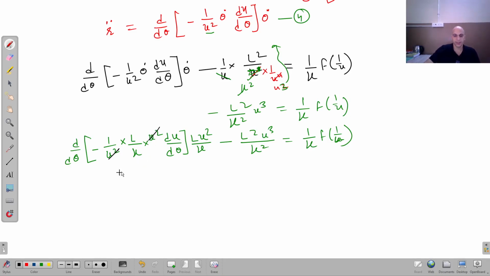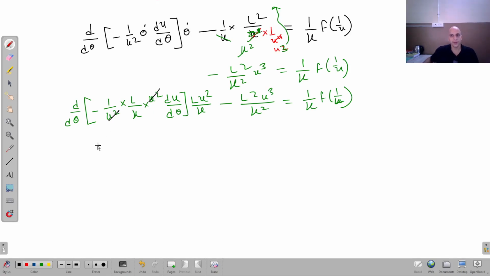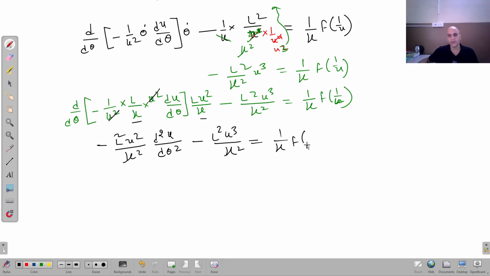You got minus L u square, and it becomes L square divided by mu square into d square u upon d theta square, minus L square u power 3 divided by mu square, is equal to 1 upon mu into f of 1 upon u. So I got this equation.